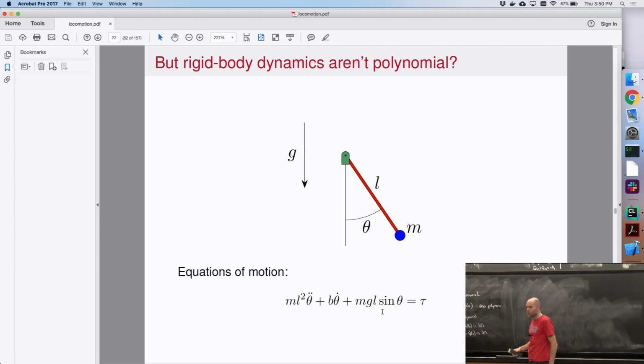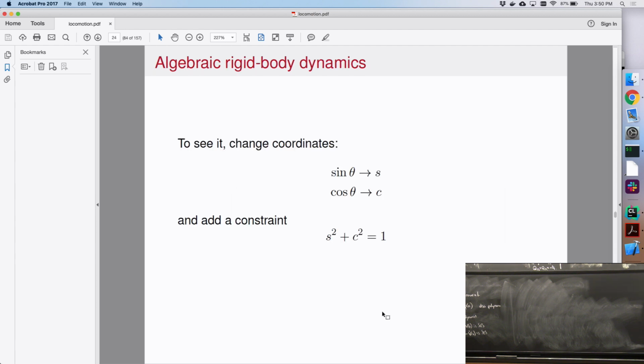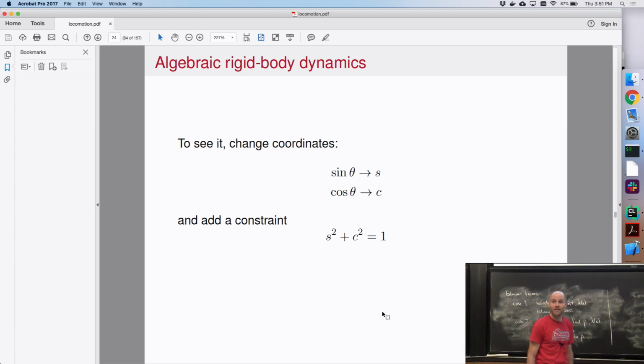In fact, rigid body dynamics are polynomial, and the trick is you change coordinates, okay? Take your sine theta away and write s, and make that an indeterminate. Take your cosine away, write c, okay? And then add this constraint s squared plus c squared equals 1.